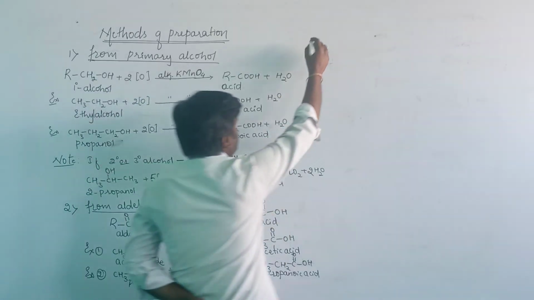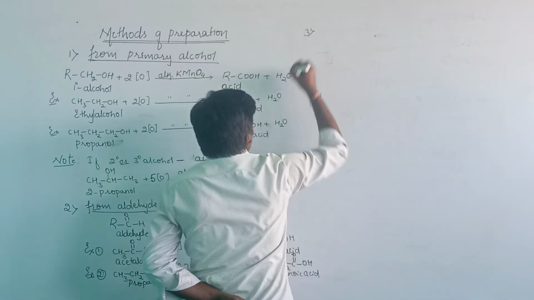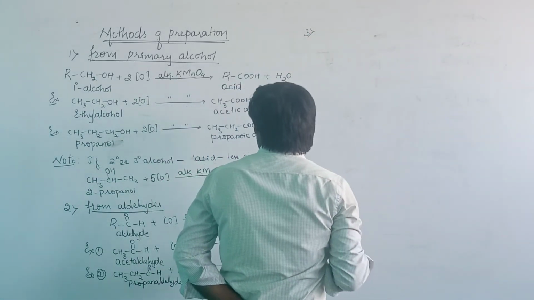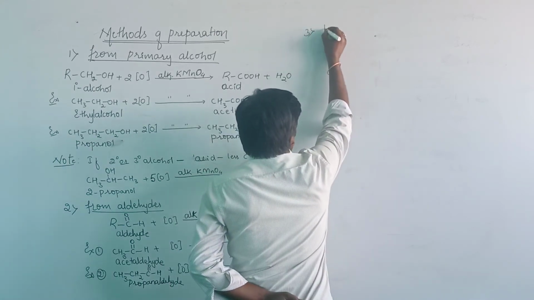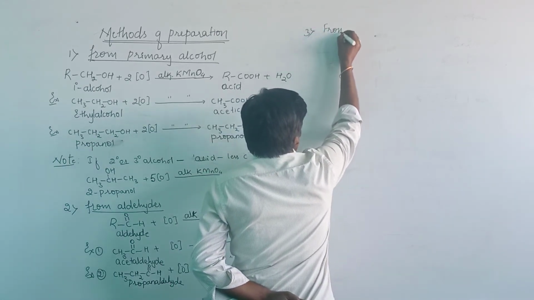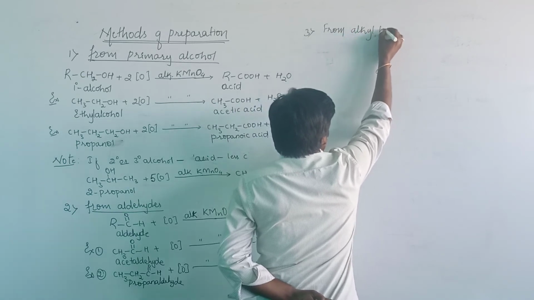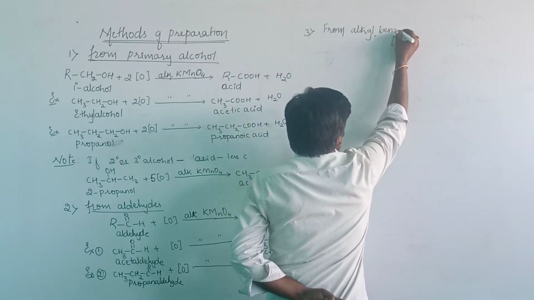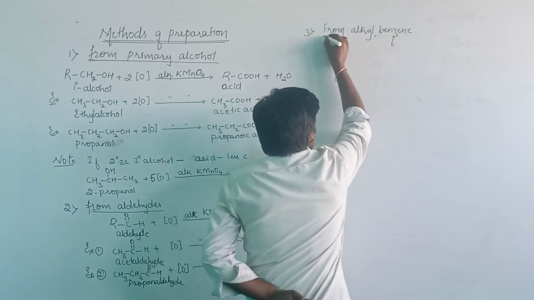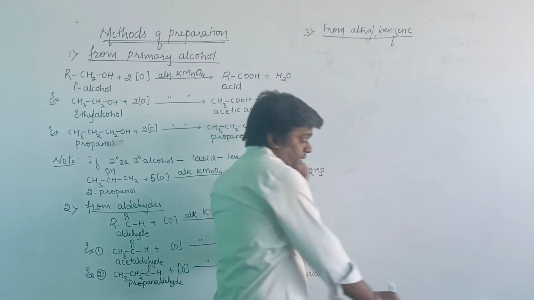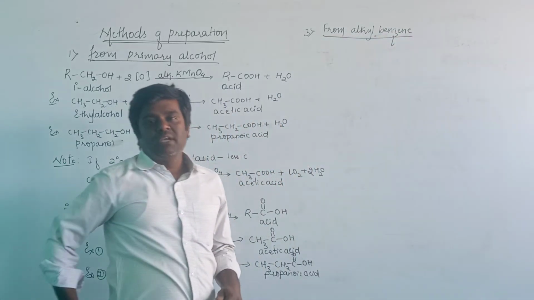The third method is from alkyl benzene. From alkyl benzene, we can prepare the carboxylic acid.